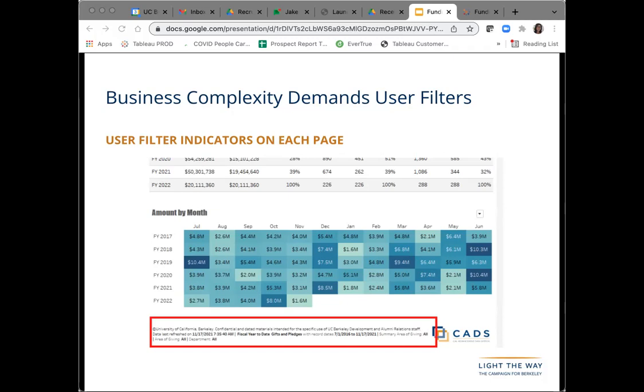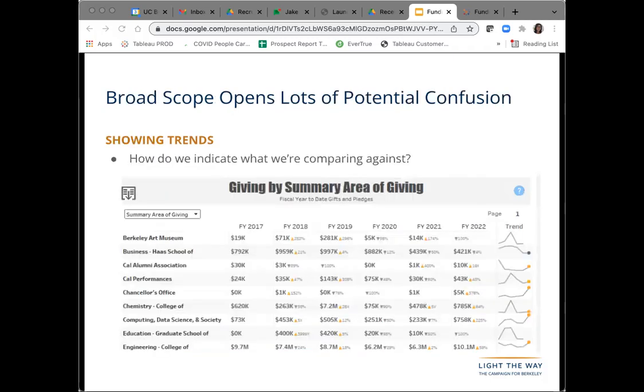Some other challenges that we fought with: because there's such a broad scope, there's a lot of chances for confusion. Tam talked about the sparklines here that you can see, the little line charts, and the color at the end of each dot. It was really difficult. We really struggled with what we should be comparing against.